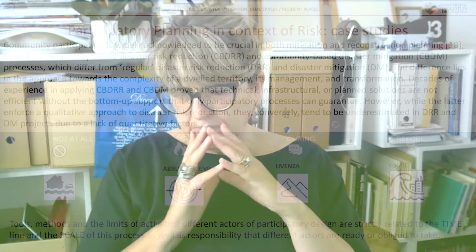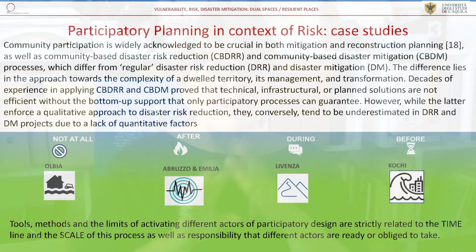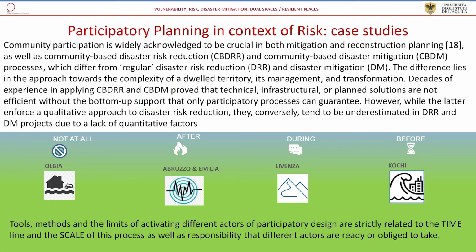In the context of risk, I think the best approach is to talk about participatory planning and different case studies that examine 4 different times in the chain of risk.